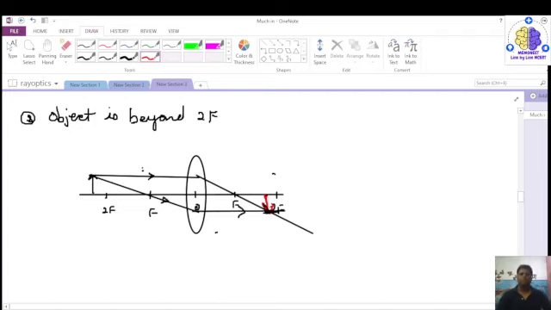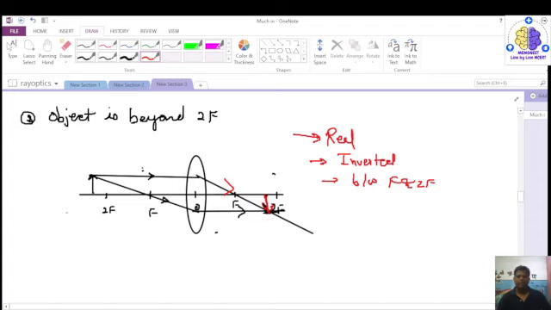Now if we write the characteristics over here, the image is formed by actually refracted light rays, therefore the image formed is a real image, right? What else? It is inverted. It is between f and 2f on the other side, right?